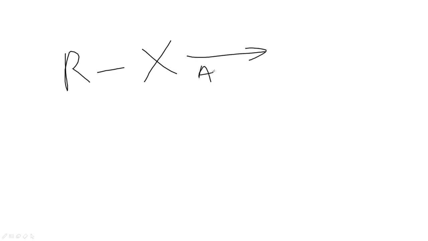Now, I'm going to give you an example of electromeric effect. Let's say RX. We all know R is the symbol for alkyl and X for halogen. In the presence of an attacking reagent, it could be any specific reagent, this is the attacking reagent.